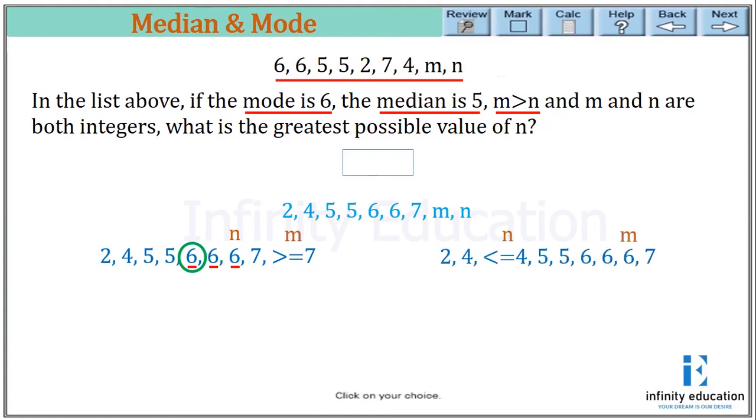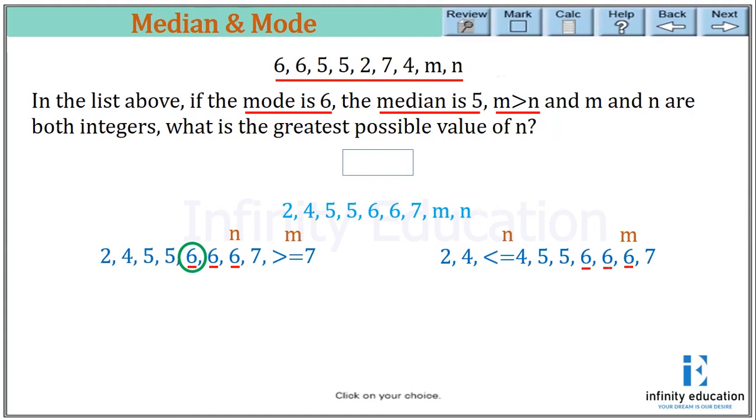So if I take M as 6 and N as lesser than or equal to 4, why have I taken lesser than or equal to 4? I could have taken the value for N as 5, but if I had taken the value for N as 5, then 5 would have appeared thrice and 6 is appearing thrice. So 6 would not be the mode anymore.